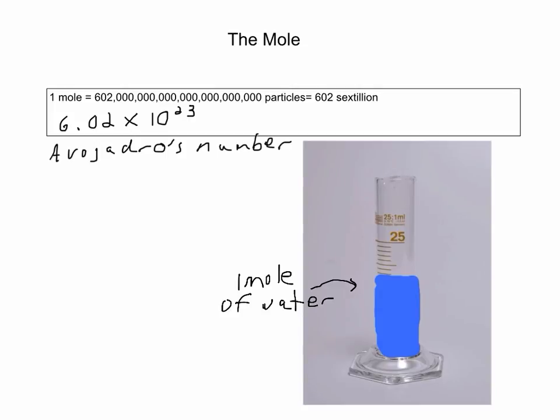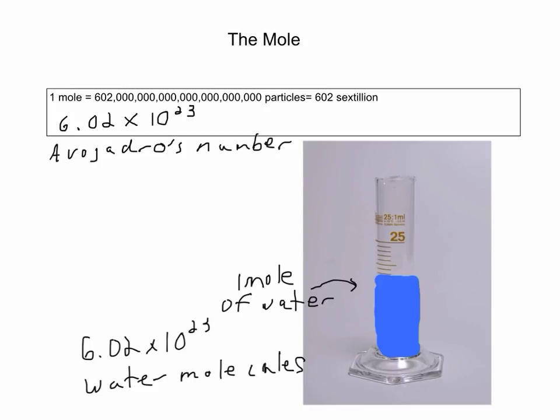So in this 18 milliliters of water, in this graduated cylinder, I have 6.02 times 10 to the 23rd water molecules just in this small amount of water.